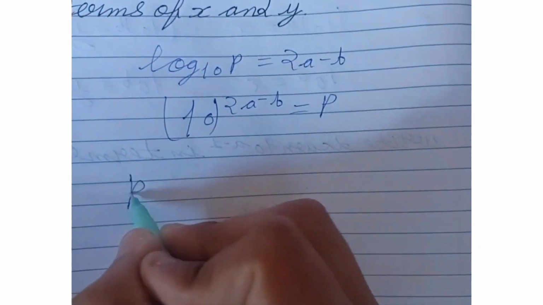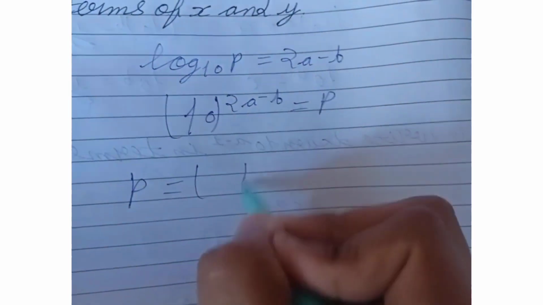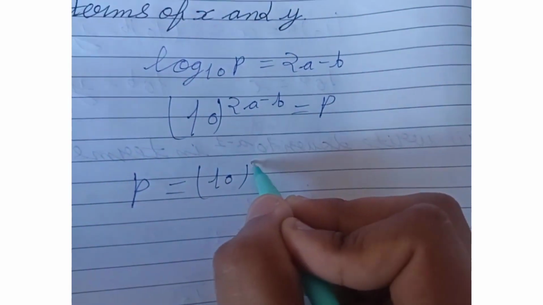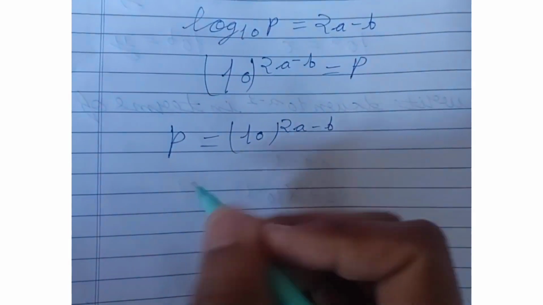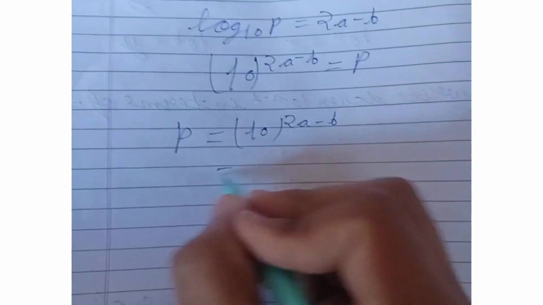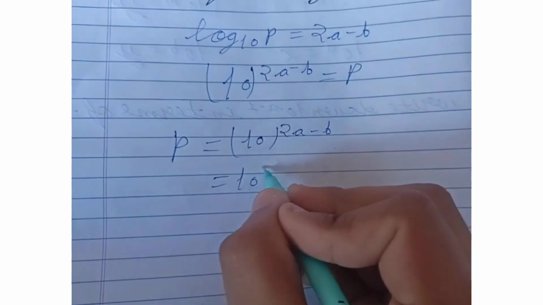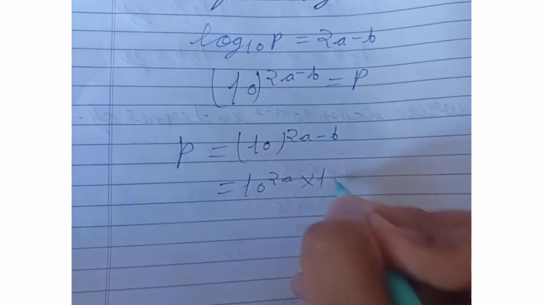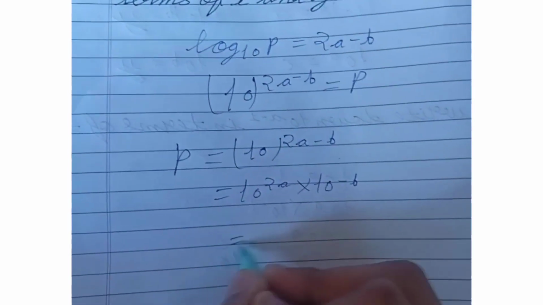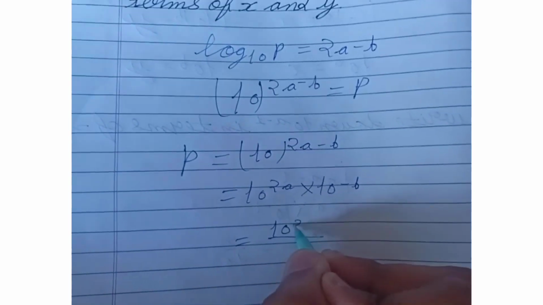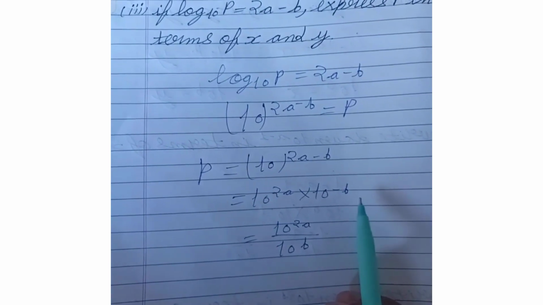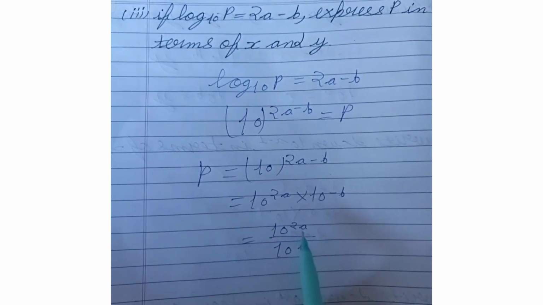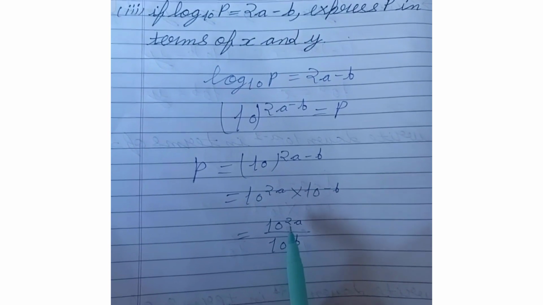We can write this also, tan 2a minus b. Now we have to expand it, means like this, tan 2a multiply tan minus b. We can write this also, tan a and tan b. The one which is in minus goes on the denominator and the one which is in plus goes on the numerator.